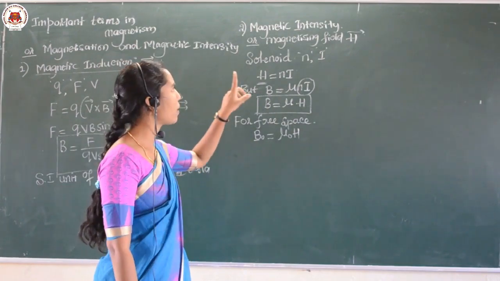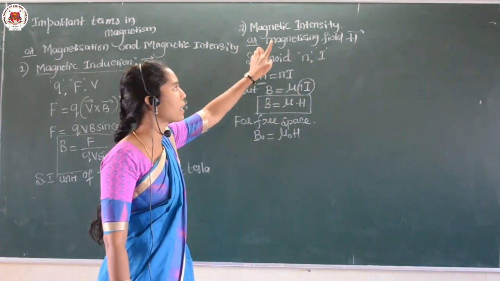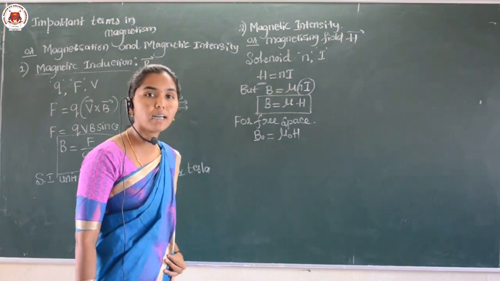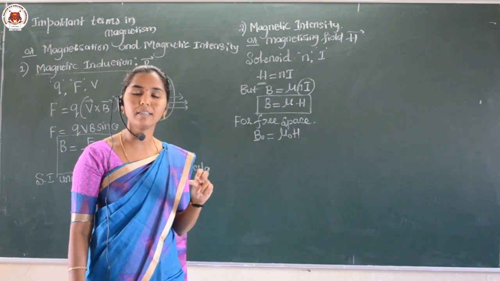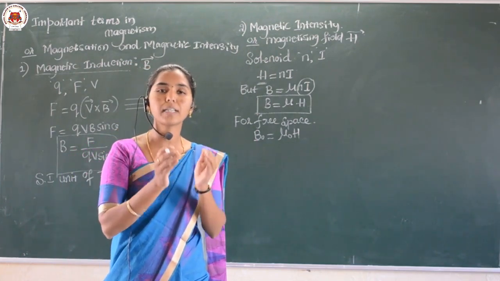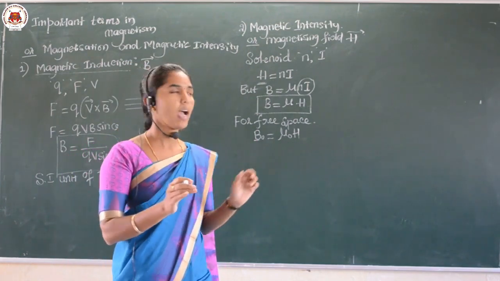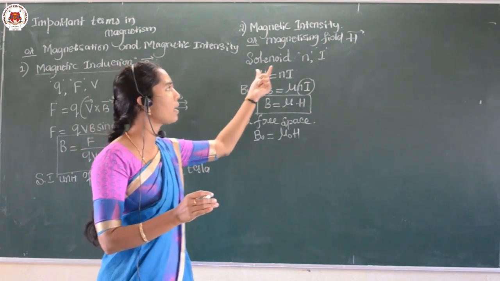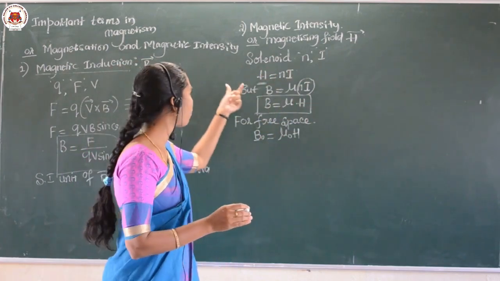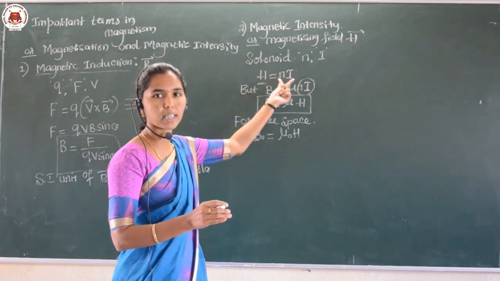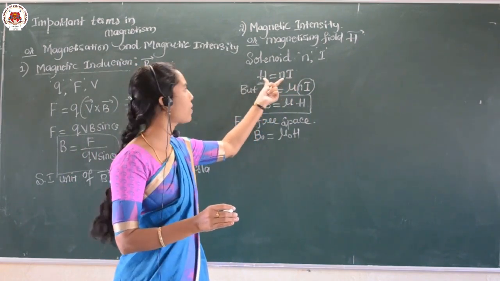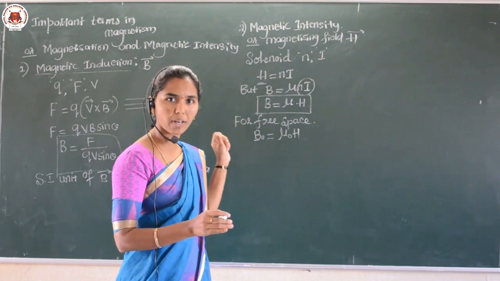What is the magnetic intensity or the magnetizing field? It is the capability of the magnetic field to magnetize a material kept in it, and it is denoted by the letter H. For the solenoid, H is equal to nI, where n is the number of turns per unit length and I is the current through the solenoid.